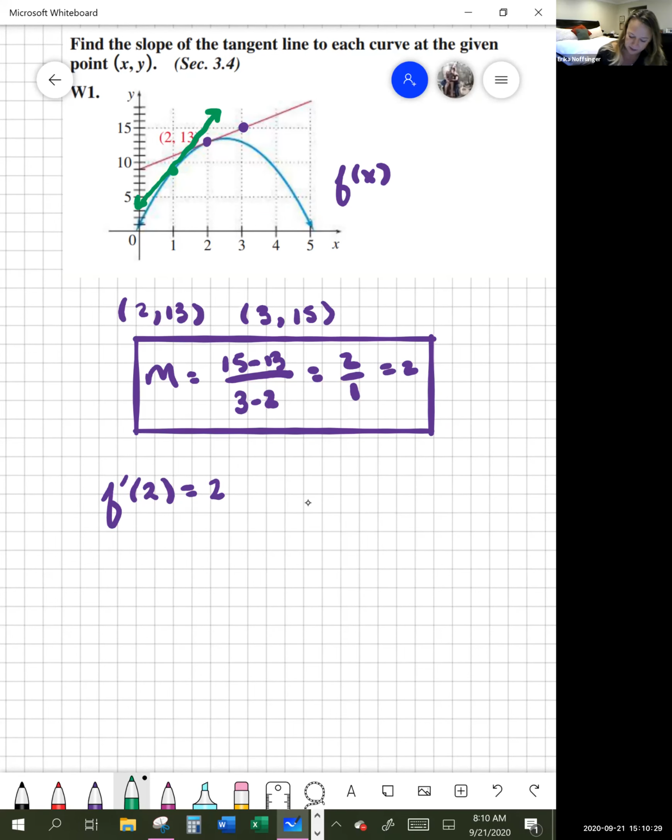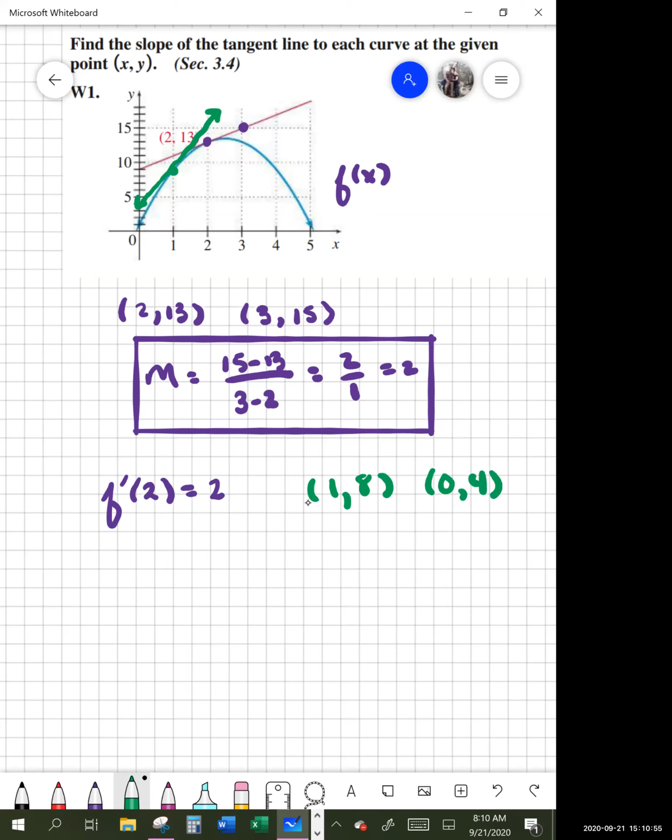And if I look at this, I can look at what my y value is. So that's about 8. So when x is 1, our y value is 8. And then I can choose another point on this line. I don't know. How about when x is 0? It looks like we have about 4.